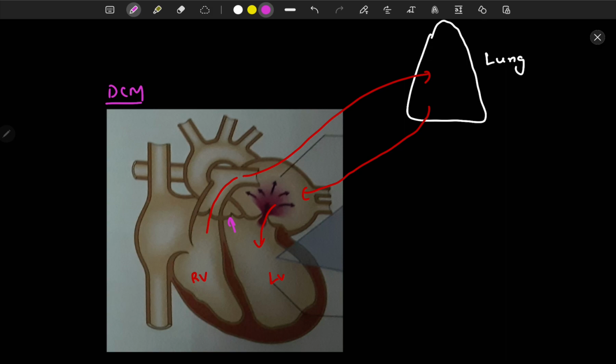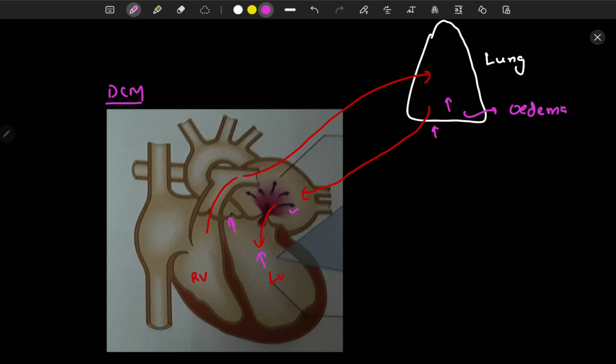That means there will be an increase in the pressure in the left ventricle, and due to back pressure, the pressure in the left atrium increases. Then the pulmonary venous pressure will increase, and finally the pulmonary capillary pressure will increase.